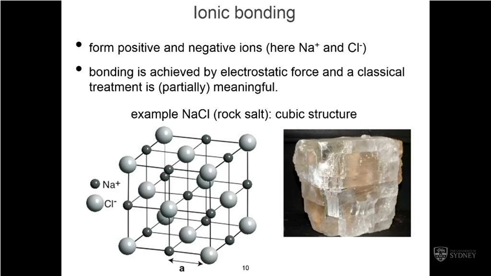So the chlorine atom becomes effectively negatively charged, and the sodium atom is effectively positively charged. In ionic bonding, the bonding is achieved by the electrostatic force. So it's just positive and negative charges. That's the way ionic materials are held together.